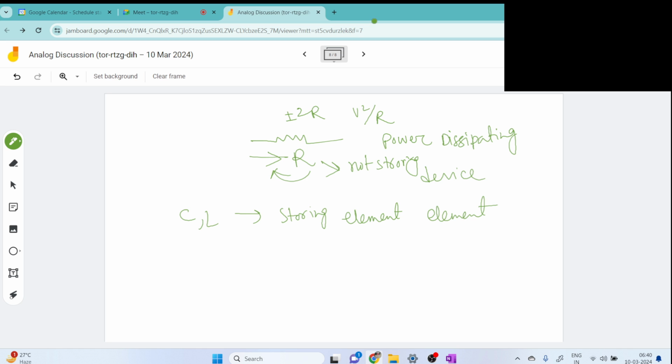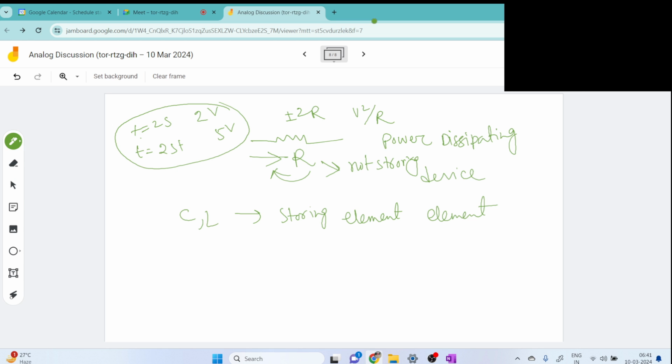Like at t equal to 2 seconds we have a voltage of 2 volt, and at t equal to 2 seconds plus, the voltage can be 5 volt across a resistance. So it is a non-storing element; the drop of the voltage across it is instantaneous.